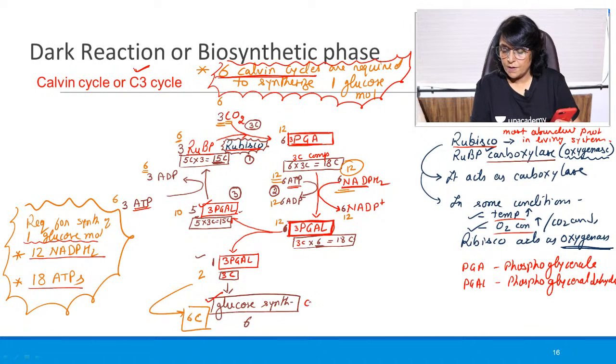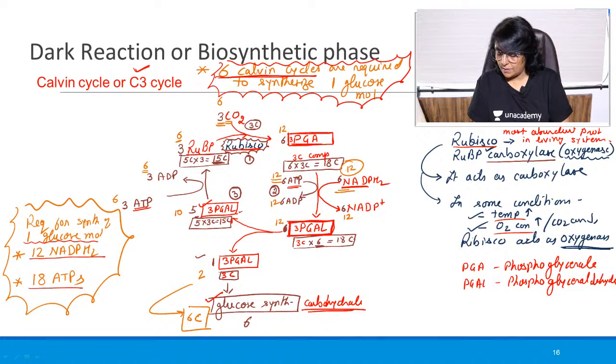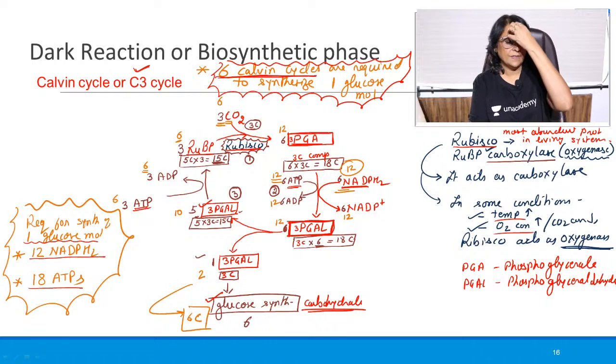So this is our carbohydrate which is synthesized, and it is synthesized in the form of glucose. Okay, any doubt so far? So I guess there is no doubt in this dark reaction or this Kelvin cycle.